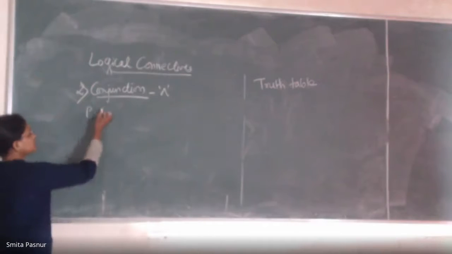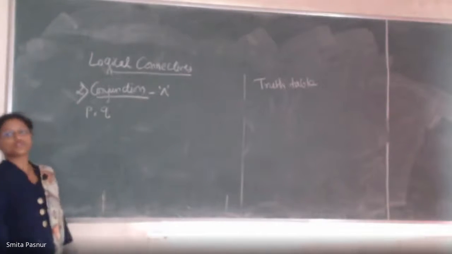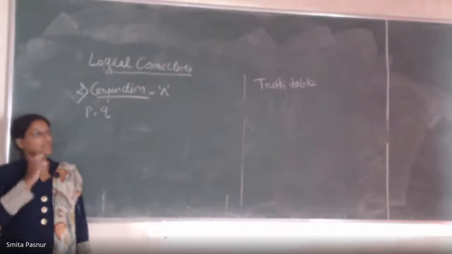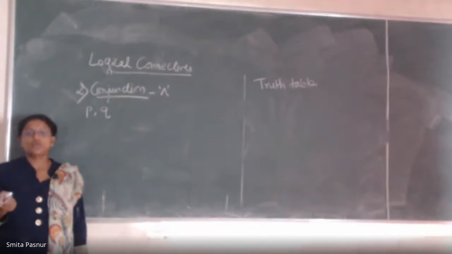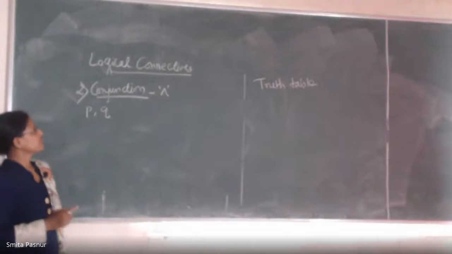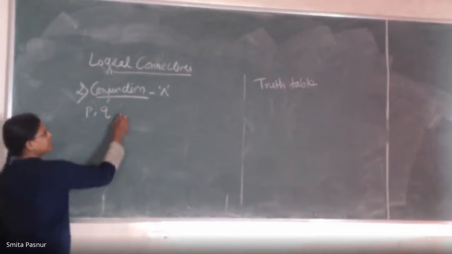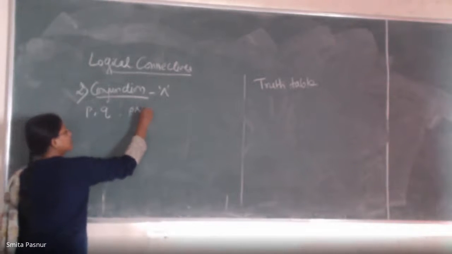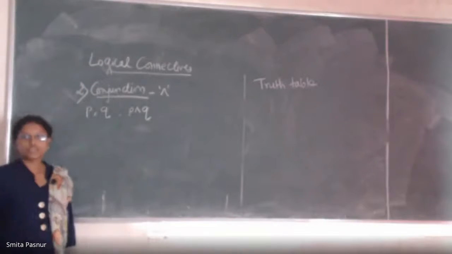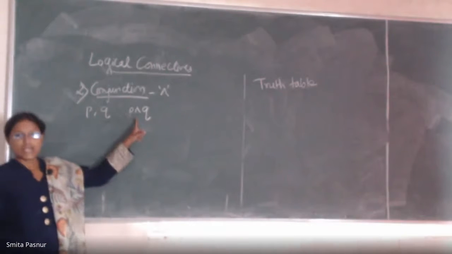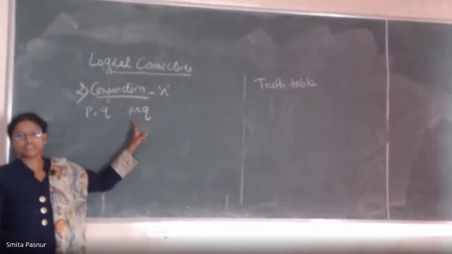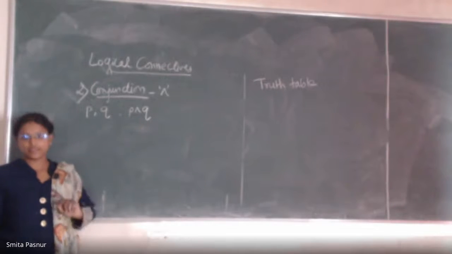So here you can use, suppose P and Q are the two statements. Okay, P and Q are two statements. So symbolically, how we are going to show the conjunction between P and Q? So it is shown by P and Q. So it is read as P and Q. Got it? So this is how we are going to connect. Right?